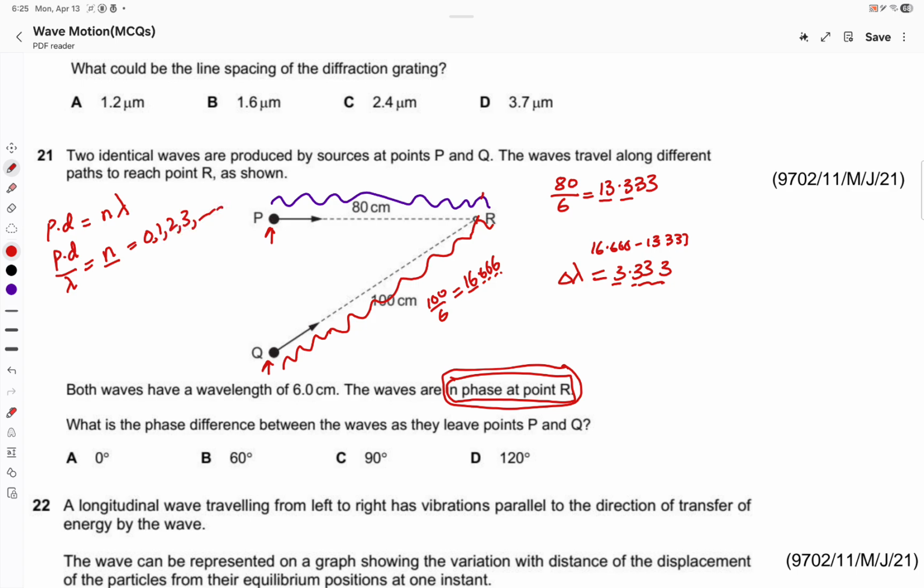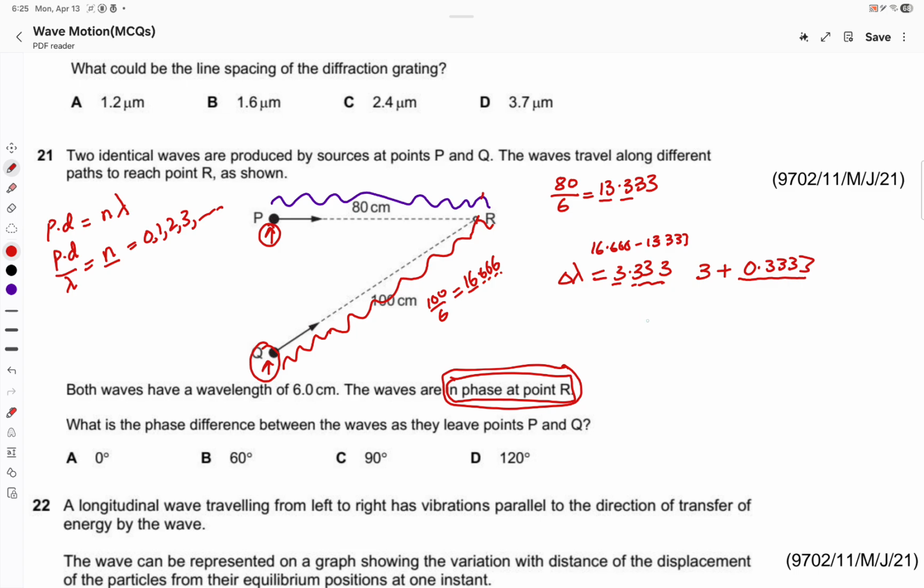But the difference between the two waves at locations P and Q is 3.333. If I just separate the .333, this is the amount of difference between P and Q at their starting point, 0.3 of lambda.